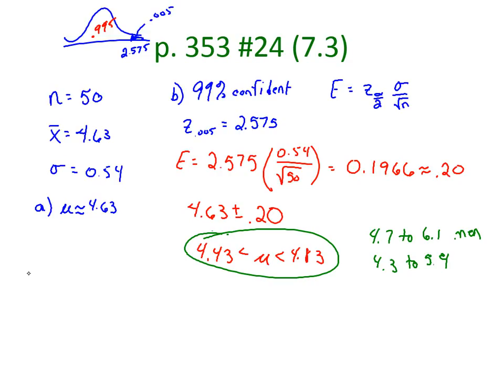Is the 4.43 in there for the females? Is the 4.83 in there for the females? All of this is inside of here somewhere. So if the mean of the combination of both is somewhere in here, all of my confidence interval is inside the females.